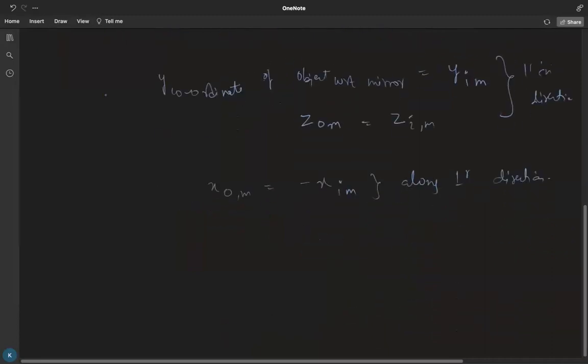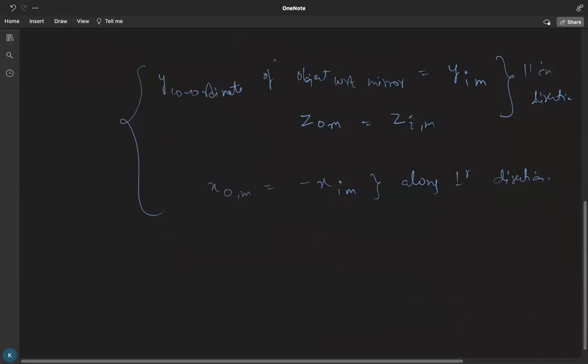So what I am trying to say here is that the coordinates which are in directions parallel to the mirror are equal in magnitude and same in direction. If I'm talking about the velocity coordinate, it would be the same.